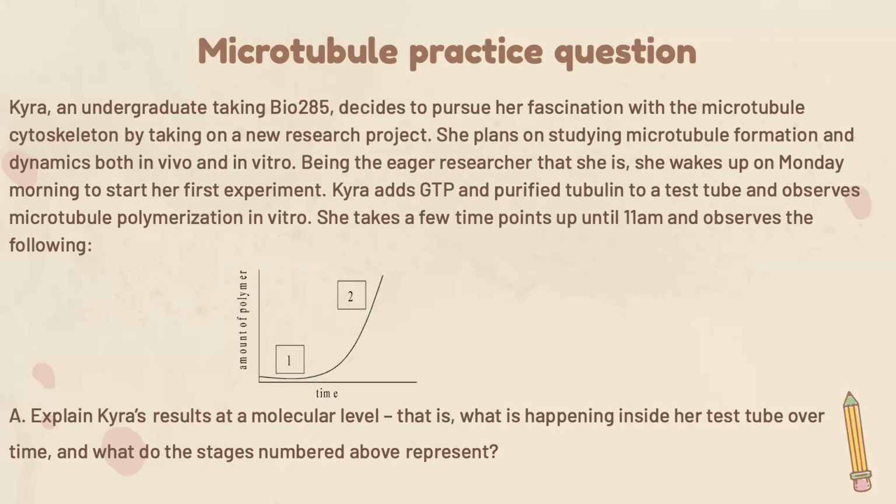Explain Kyra's results at the molecular level: what is happening inside her test tube over time, and what do the stages numbered above represent?